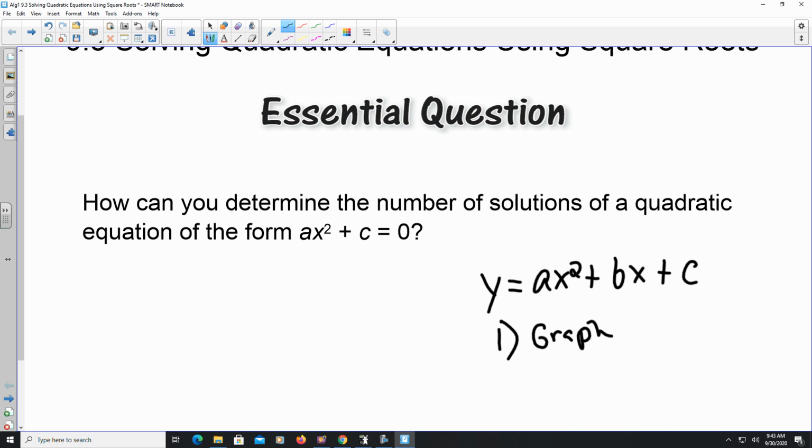And we were able to determine what those coordinates were by factoring. So we were able to factor it using zero product property and then getting our result. Today we're going to look at another method of determining the x-intercepts, and that's square roots.